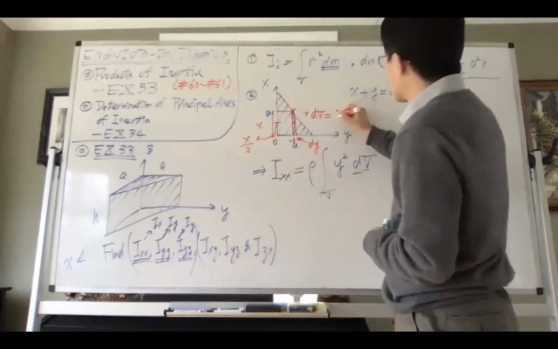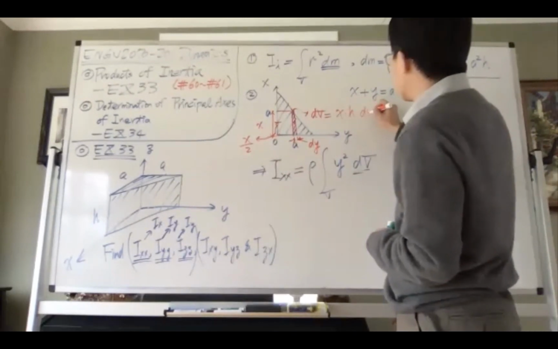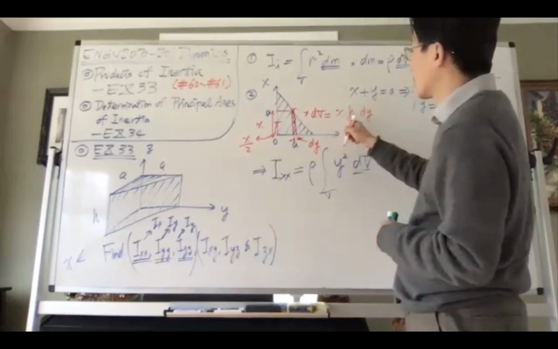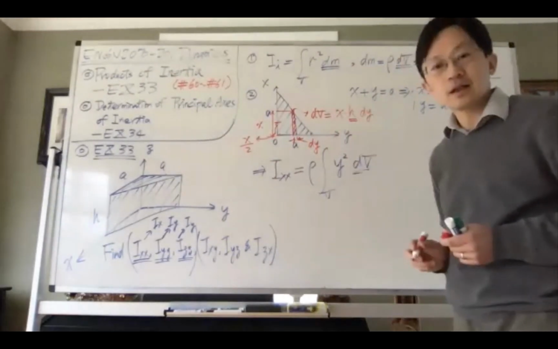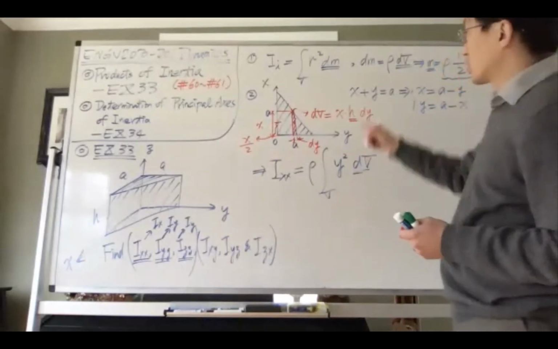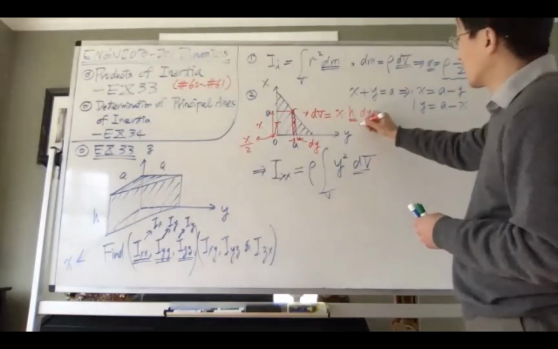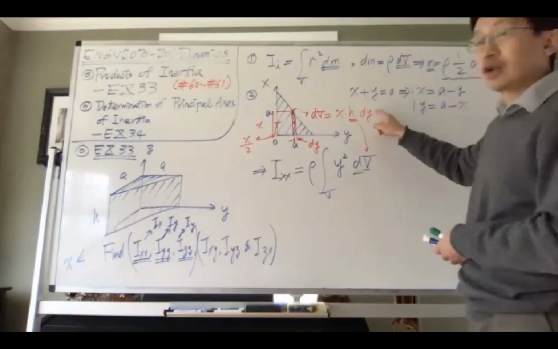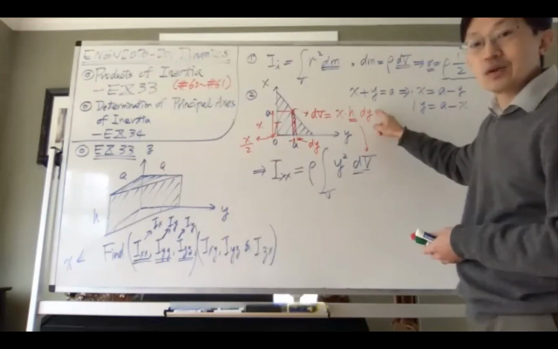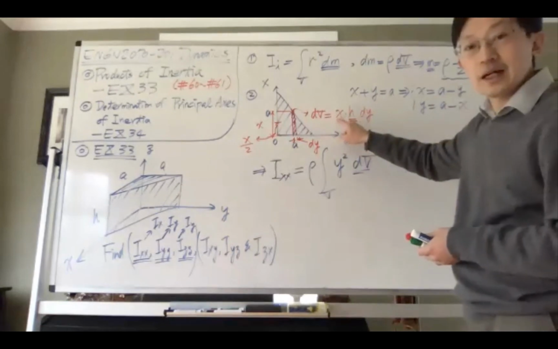So that's x times h times dy. Now, don't confuse x with h. h is a constant, x is a variable. Now you just plug this thing into this dV right here. Of course, since we have decided to use dy, you may want to replace x with what?